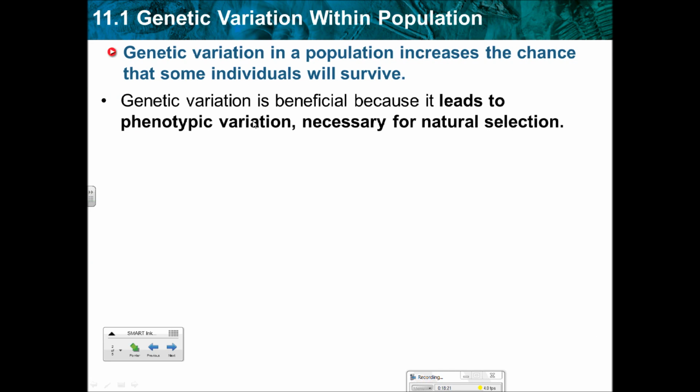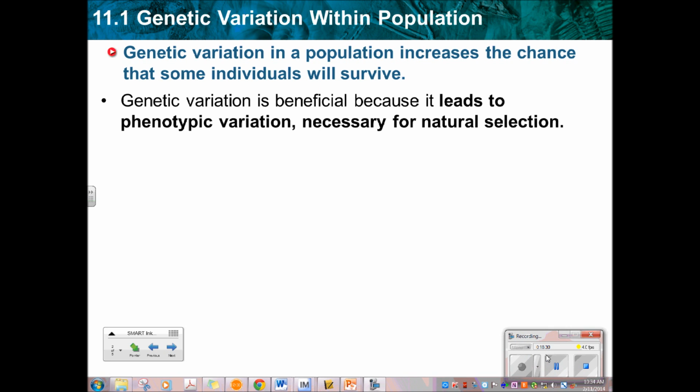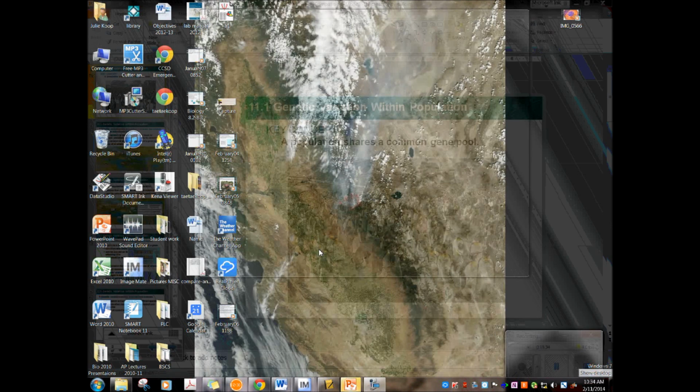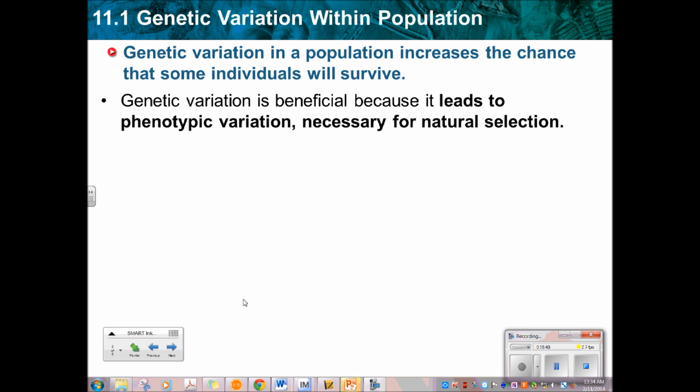So genetic variation is beneficial because you have a box right there. Okay, again, I've been talking about variation all year long. So we need variation for evolution to even occur. If all the organisms are exactly the same, if the environment changes and they can't survive, they all die. If there's variation, though, maybe some can make it.